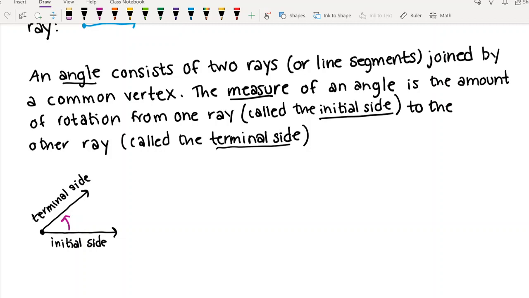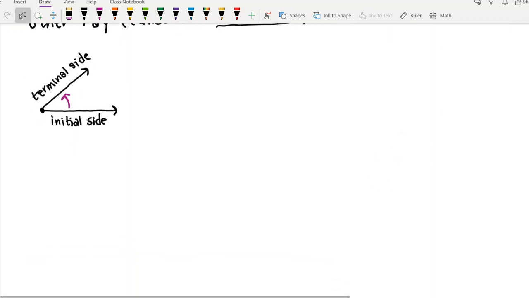Okay, so you can have angles that are both positive or negative. That's one more thing I want to add before we look at some specific examples. If the rotation that we're talking about is in the counterclockwise direction, so clockwise, counterclockwise has to do with picturing a clock and which way the clock hands move, that would be clockwise. Counterclockwise would be backwards from that.